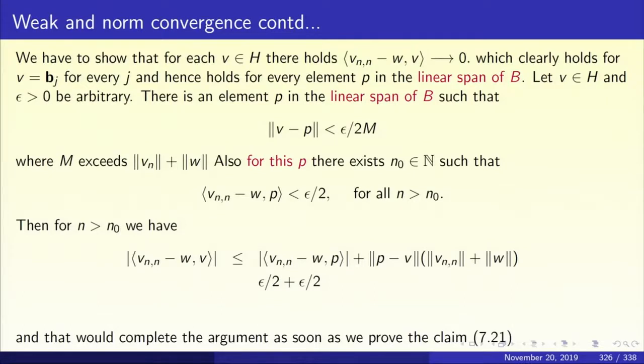So now let us take an element V in the Hilbert space H itself. But what do we know? We know that the linear span of B is dense in H. So let epsilon greater than 0 be arbitrary. Then there is a finite linear combination of these B's, call this P, such that norm of V minus P is less than epsilon by 2M.